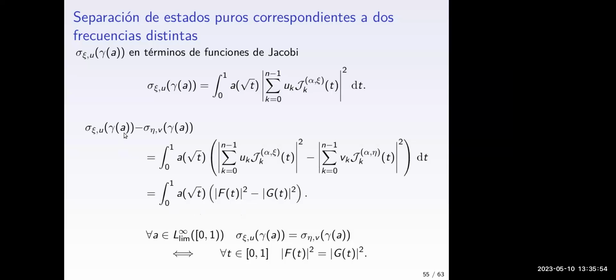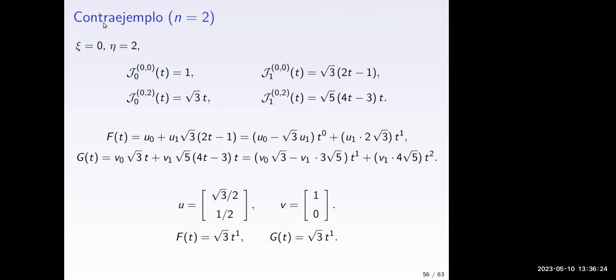And we see that this equality holds for every a in this set if and only if for every t in 0, 1, they are equal. They will be equal if this condition holds, of course.